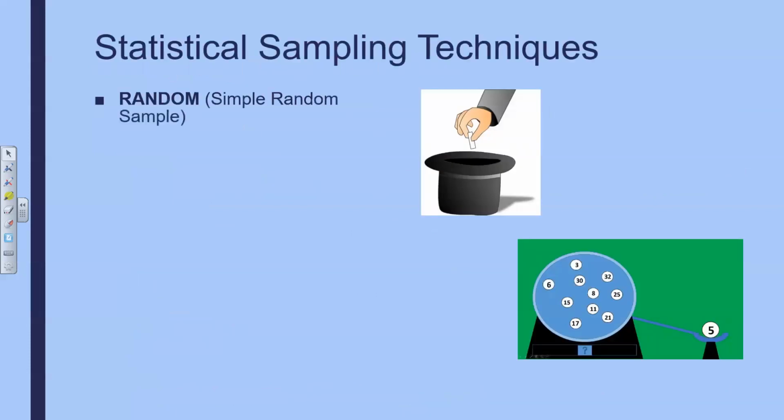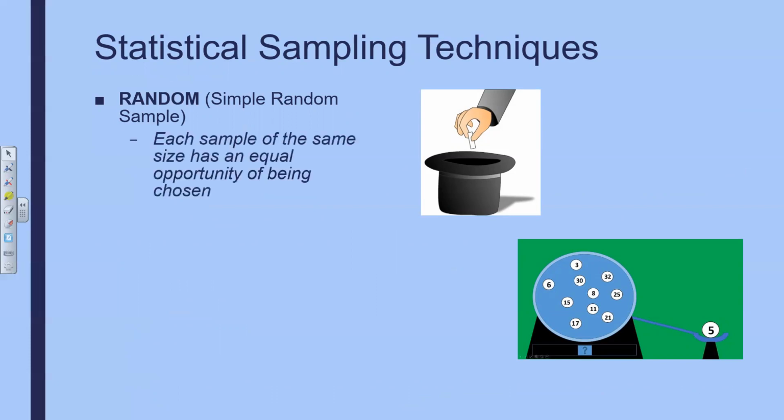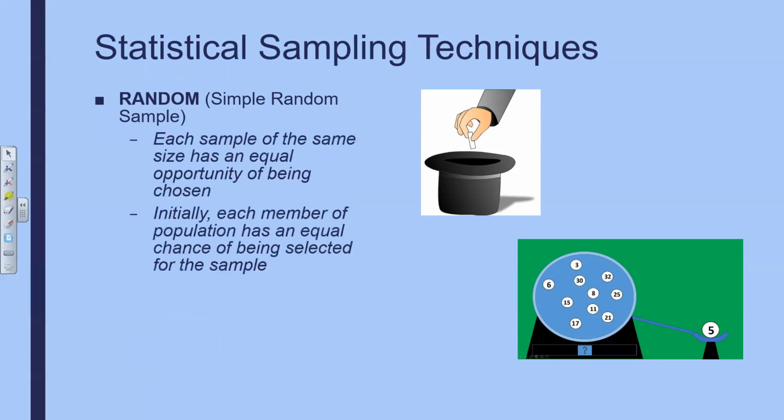Random is the first one, or it's sometimes called a simple random sample. Simple random sample is where each person, each item in the population has an equal chance of being selected.